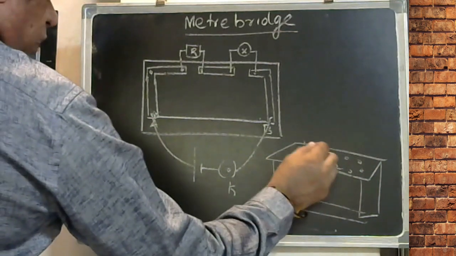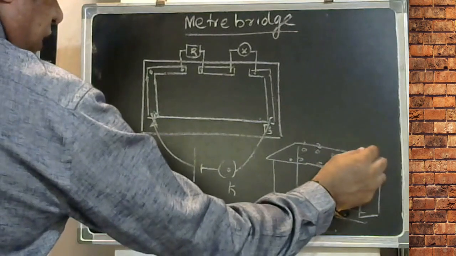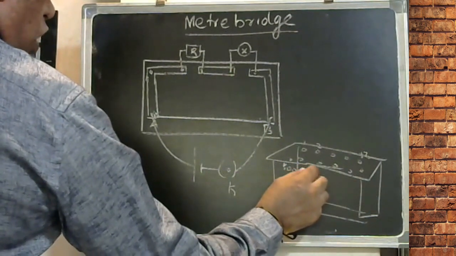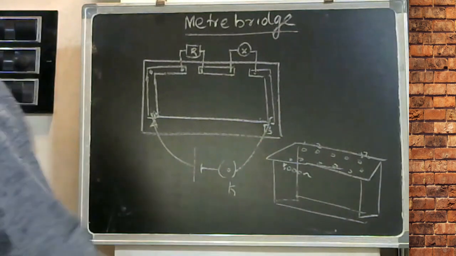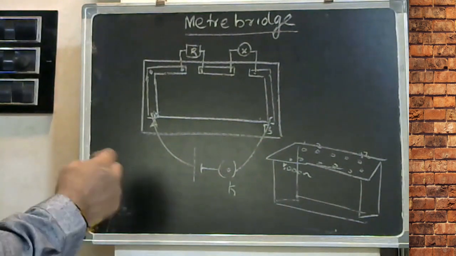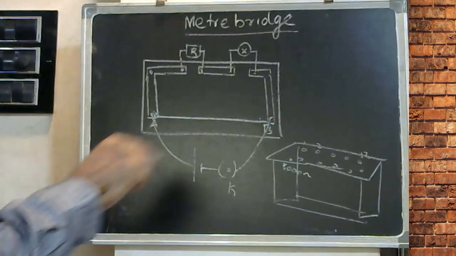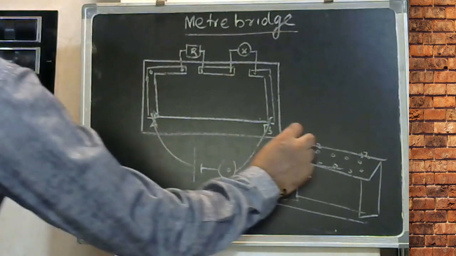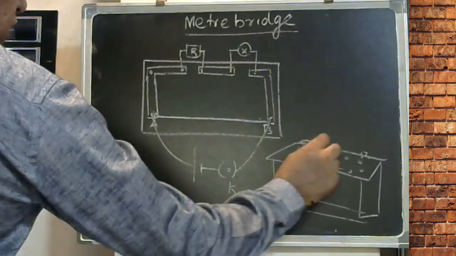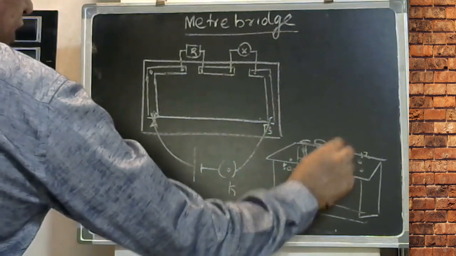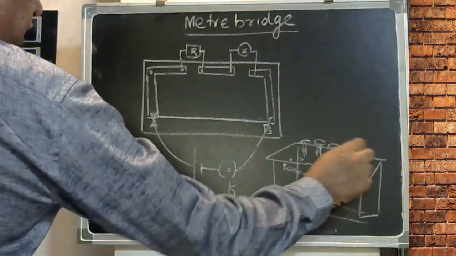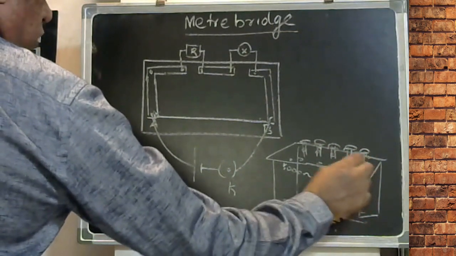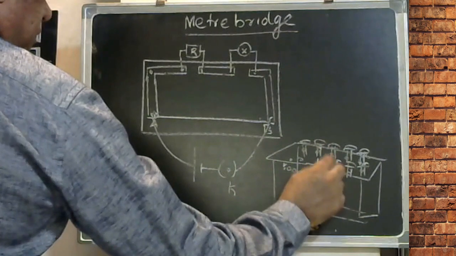There are numbers written 1, 2, something, 50, 100, 200, up to 5,000 or 10,000, and there will be a point for infinity as well. So there's an infinity block here. They have got holes with so much resistance value written. And on top of it, there's a key closing each hole. So you close all the keys now. All of them are closed with a key.